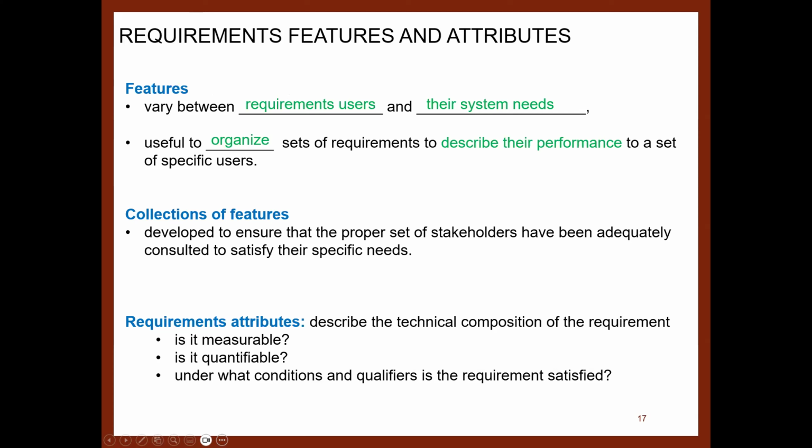It's useful to organize a set of requirements to describe the performance to a set of specific users. So again, if you're targeting different types of customers, this could be a good way to separate these requirements. So this group of requirements, this feature, is more addressing the needs of this group of customers and so on.